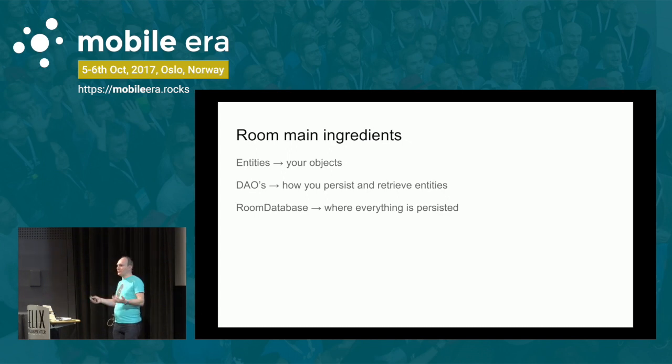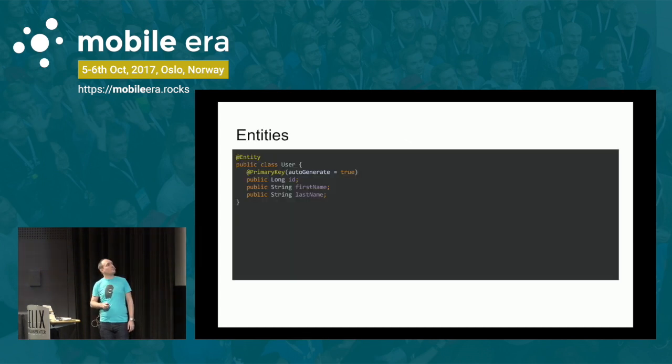What do you want to insert? What kind of objects do you want to get back from the database? And to tie this all together, we have the Room database, which is the managed SQLite that Room will use to store all of these objects in. And so I will walk you through these three components.